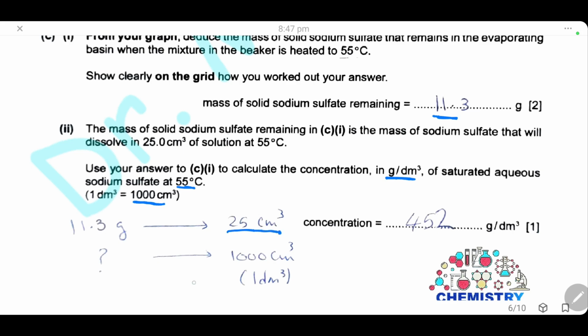So we will determine the mass in grams that is present in 1000 centimeter cube, which is equal to 1 decimeter cube. Here, by cross multiplication, we can find that the mass of sodium sulfate present in 1000 centimeter cube, or 1 decimeter cube, will be 452 gram per decimeter cube.